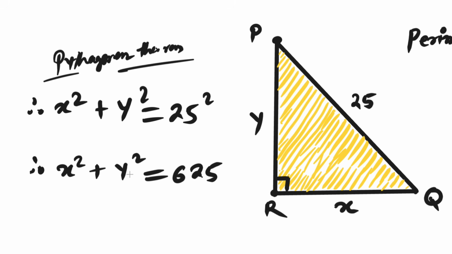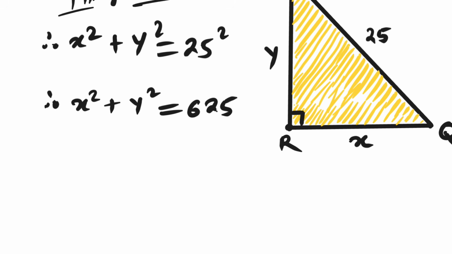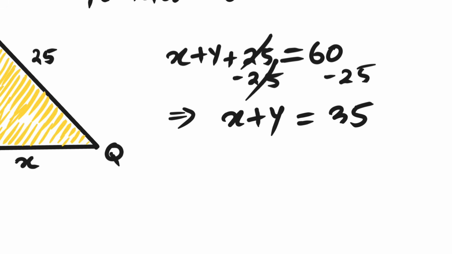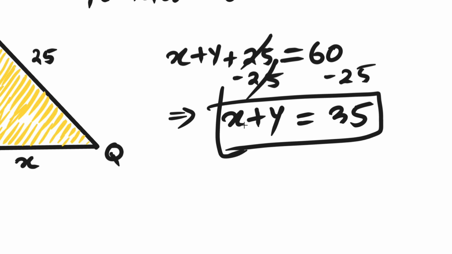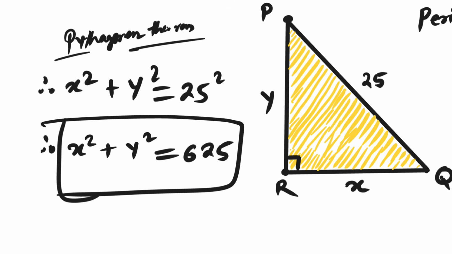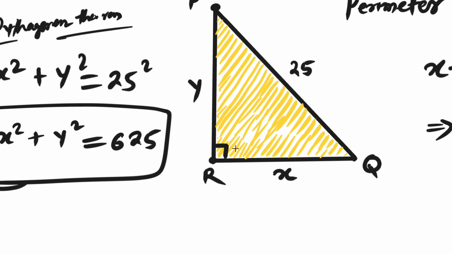So at this point, let's organize what we know. From the perimeter, we know that x plus y equals 35. From the Pythagorean theorem, we know that x squared plus y squared equals 625. And now comes the clever part.